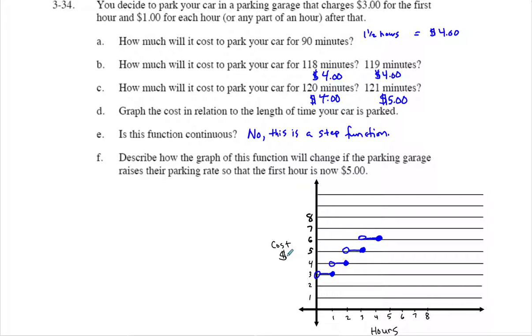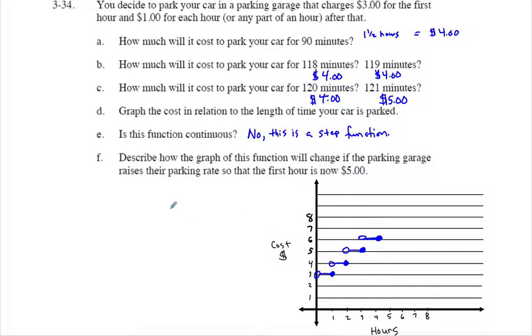And then letter F. Describe how the graph of this function will change if the parking garage raises their parking rate so that the first hour is now $5. So more or less, everything else is going to stay the same. Instead of actually charging just $3 here, it would just move everything up $2. So everything would just increase by 2.